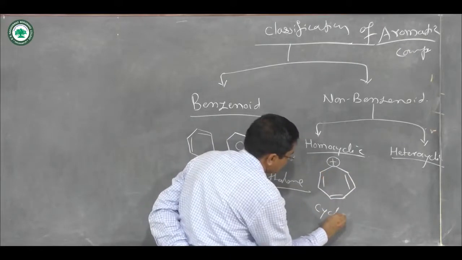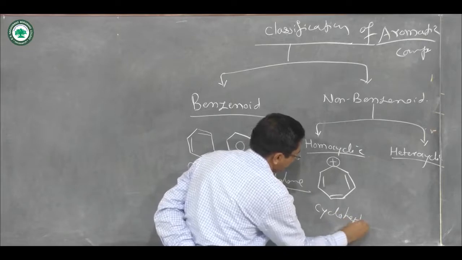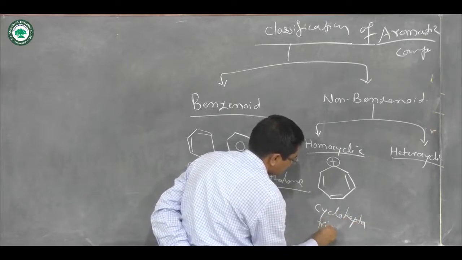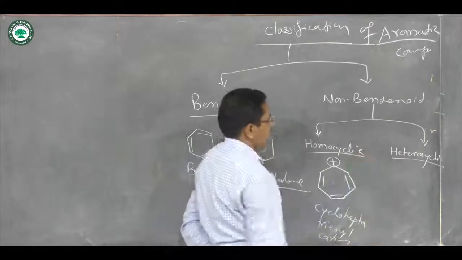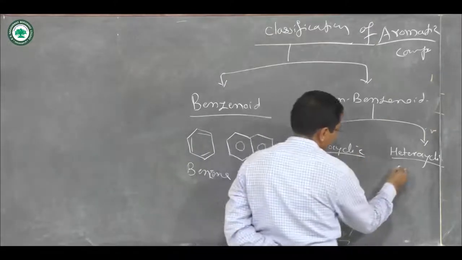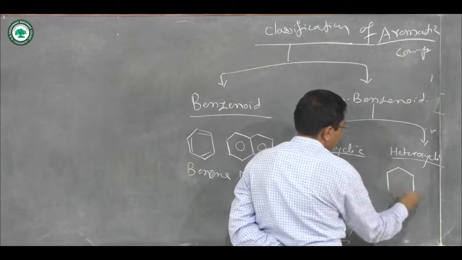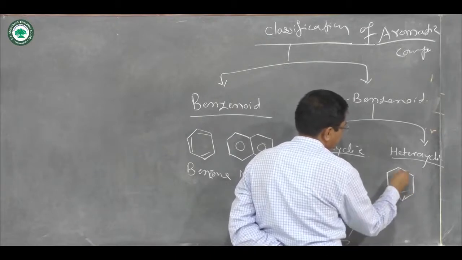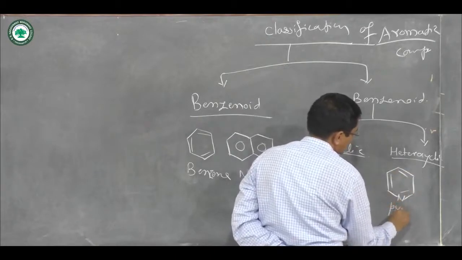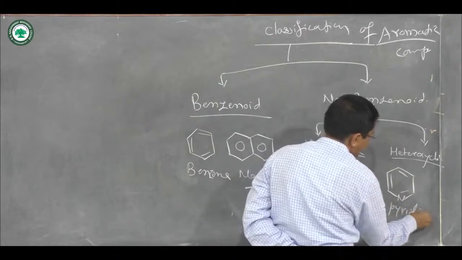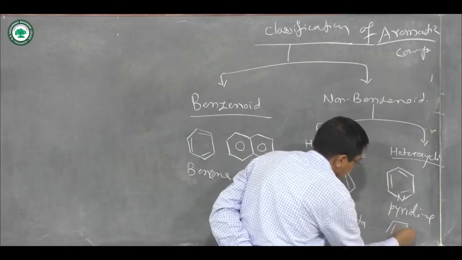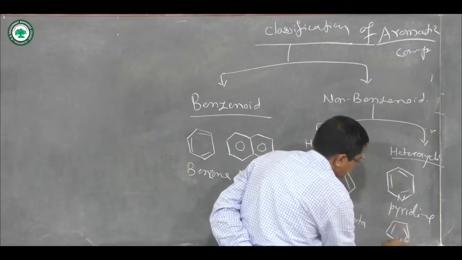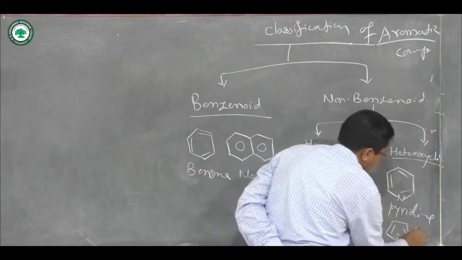In case of homocyclic, the example is cycloheptatrienyl cation, and heterocyclic compound examples are pyridine as well as pyrrole.